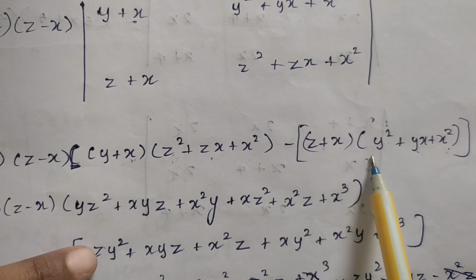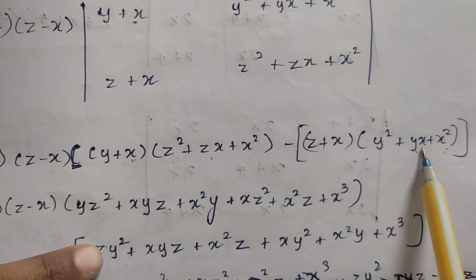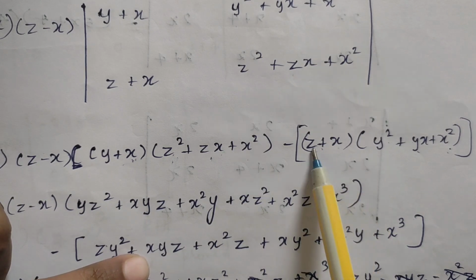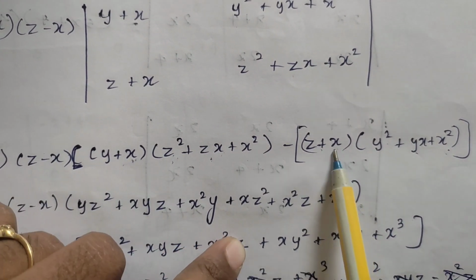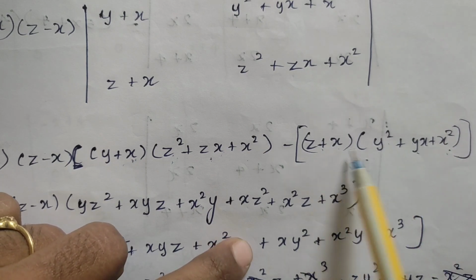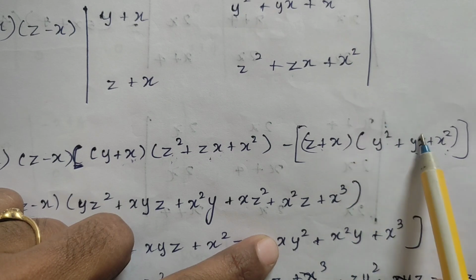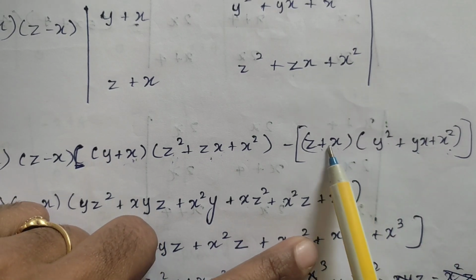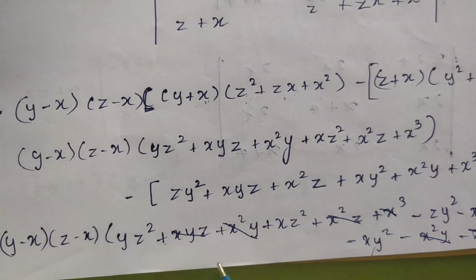Now z into y square, z into yx, that is xyz, z into x square, that is x square z, plus x into all these terms: x into y square, plus x into yx, that is x square y, plus x into x square, x cube.